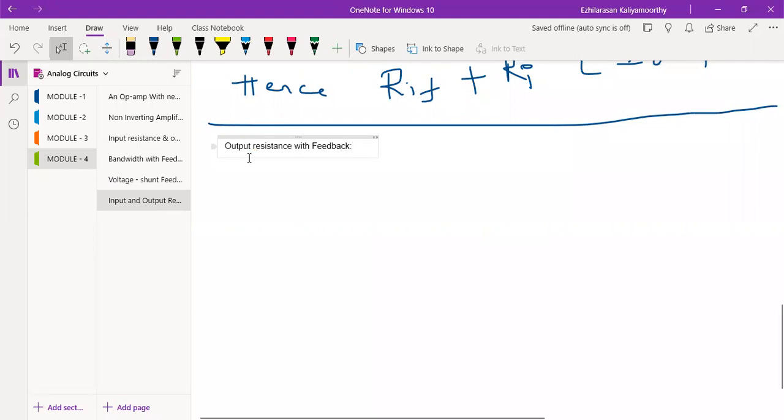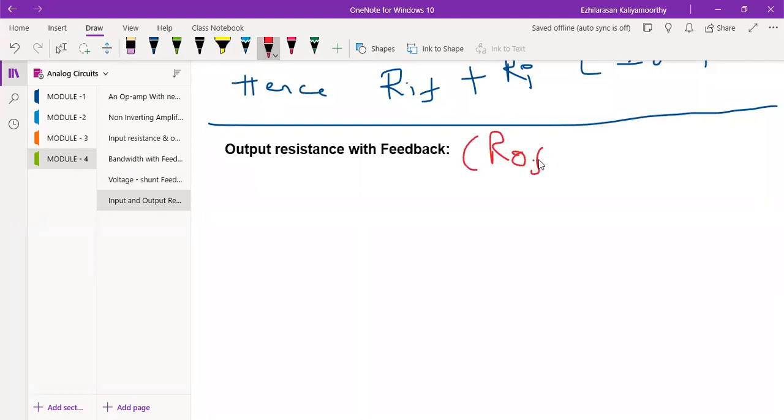That will be denoted as R naught F. To find out the output resistance, from the previous figure, the output resistance with feedback, R naught F, is the resistance measured at the output terminal of the feedback amplifier. The output resistance of the inverting amplifier will be obtained by using Thevenin's theorem.